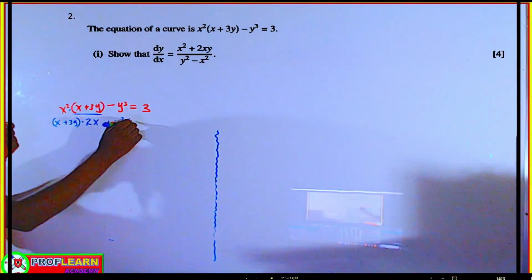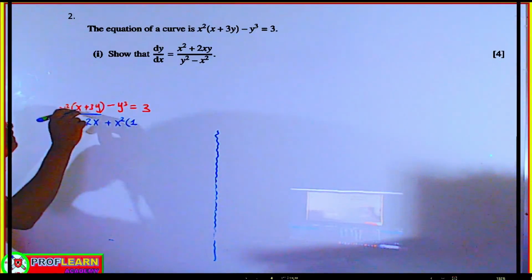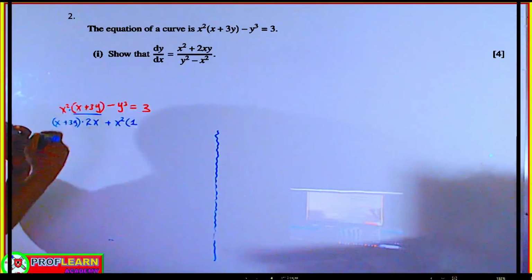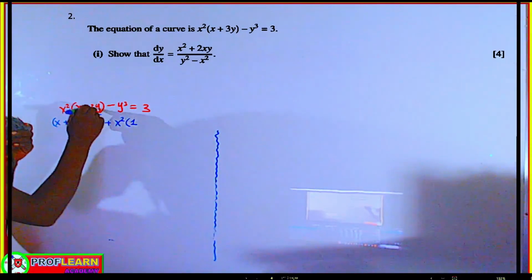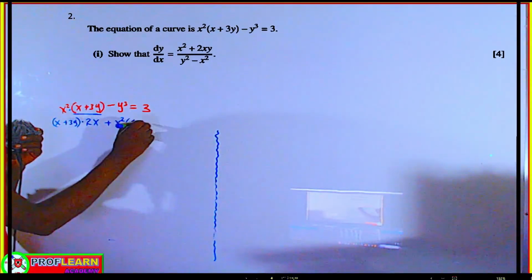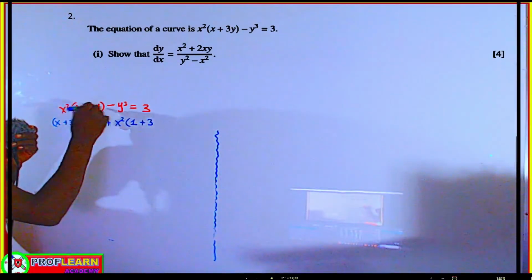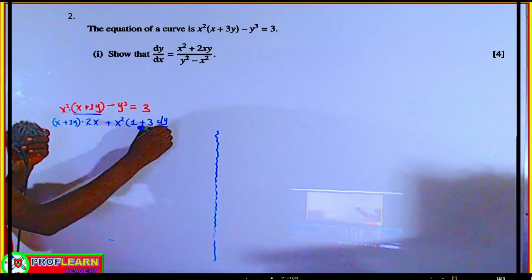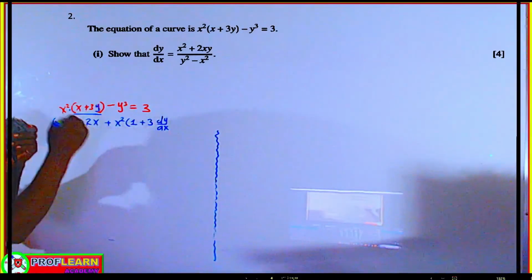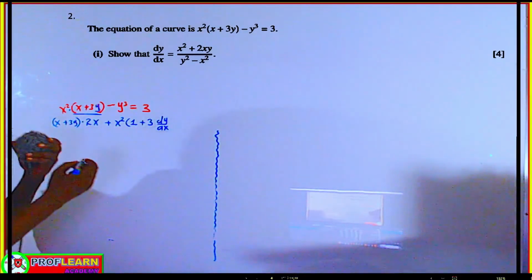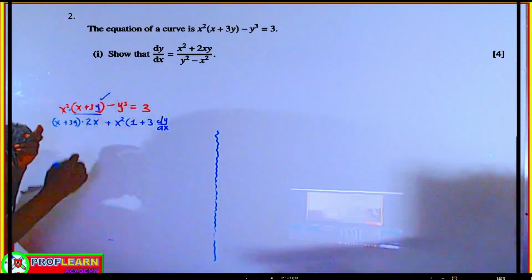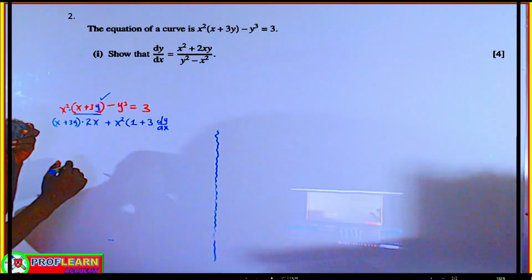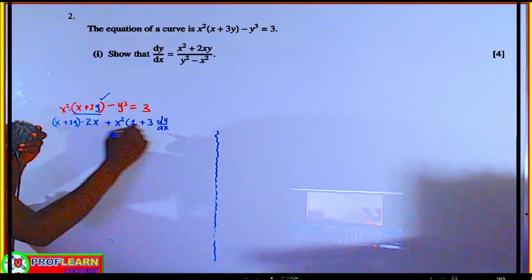The first part will be 1, because differentiating x is 1, and differentiating 3y, because y is a function of x, we get plus 3 dy/dx. Now we are done with differentiating the first term of the equation, and then we are going to differentiate this.